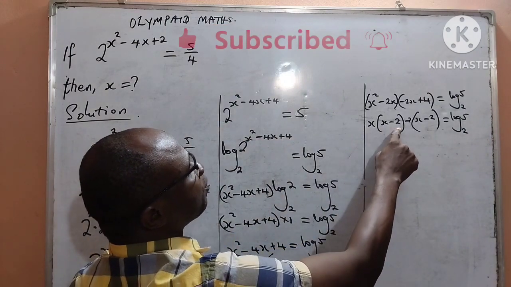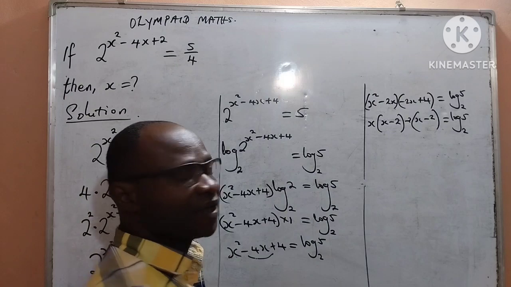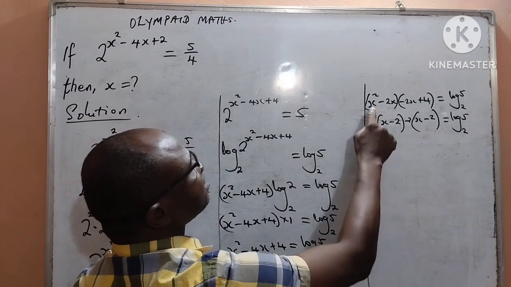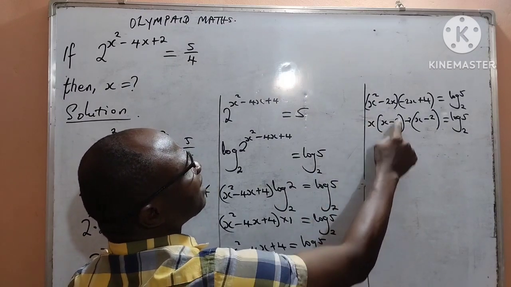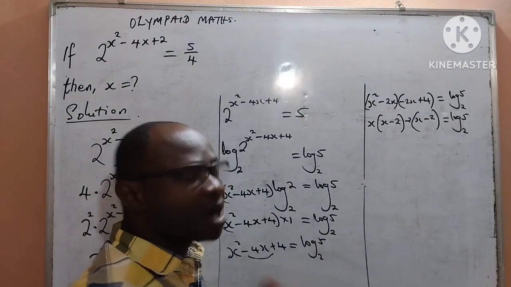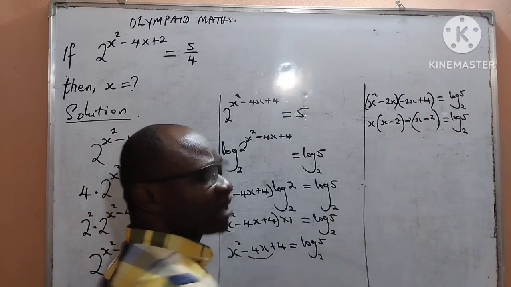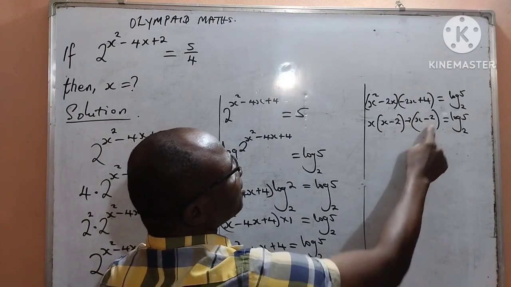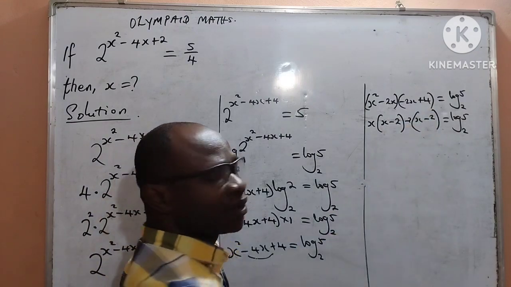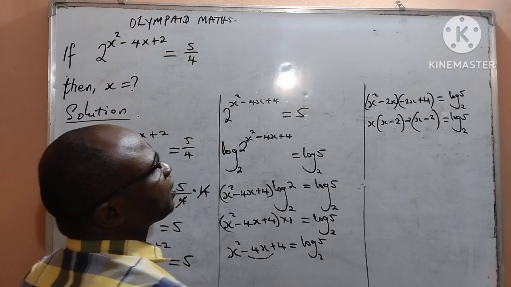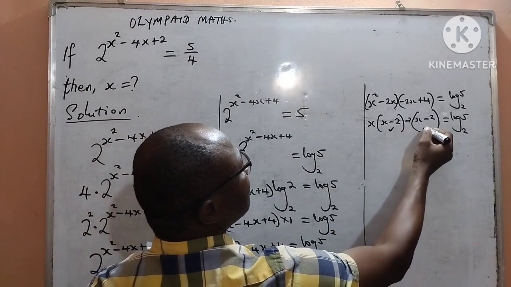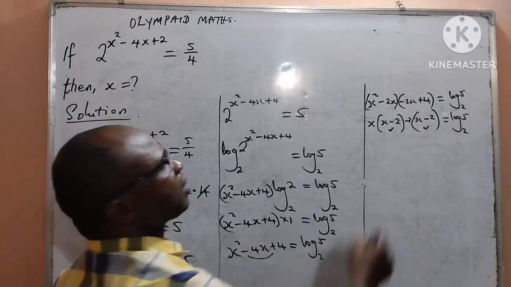If I use x to open this bracket, I will get exactly what I have here previously. That is, x times x is x squared, and x times minus 2 will give me minus 2x. Also, in the second bracket, minus 2 times x will give me minus 2x, and minus 2 times minus 2 will give me plus 4. So, therefore, you can see that this bracket and this are both equal.